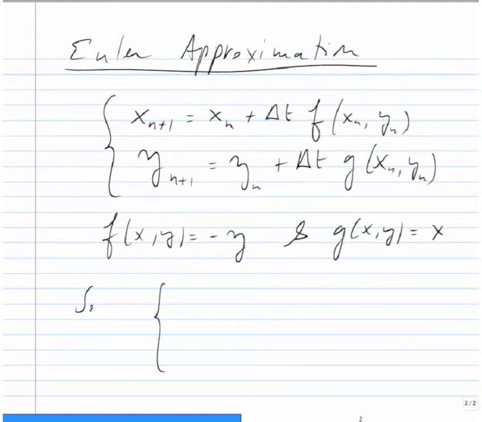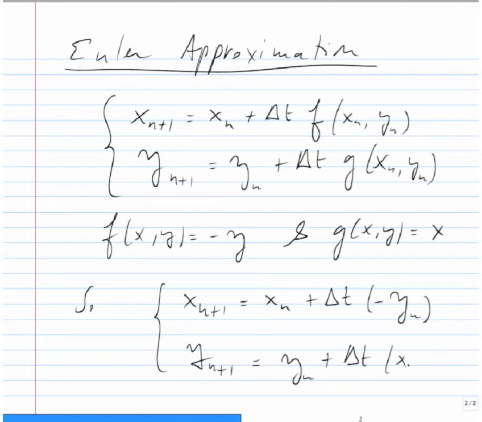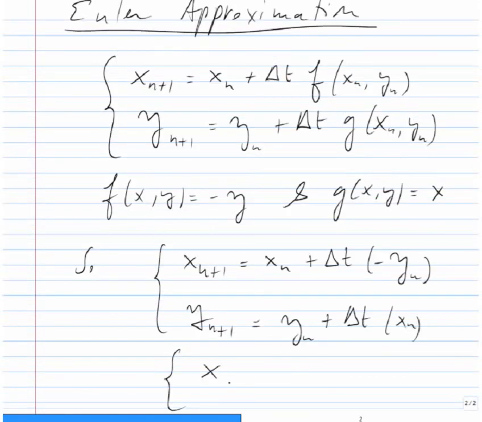So the relationship between the point (x_n, y_n) and (x_{n+1}, y_{n+1}) is given by x_n plus delta t times minus y_n, and y_{n+1} is equal to y_n plus delta t times x_n. So again, if I put the stuff together, I will get x_{n+1} equals x_n minus delta t times y_n, and y_{n+1} is equal to y_n plus delta t x_n.